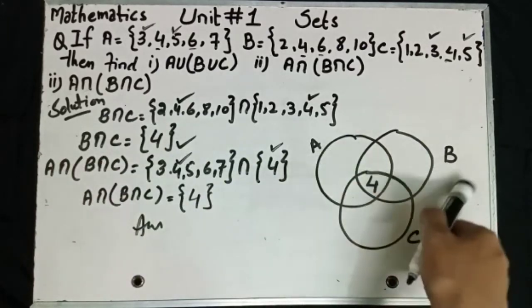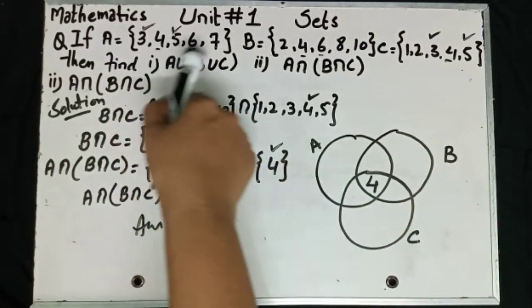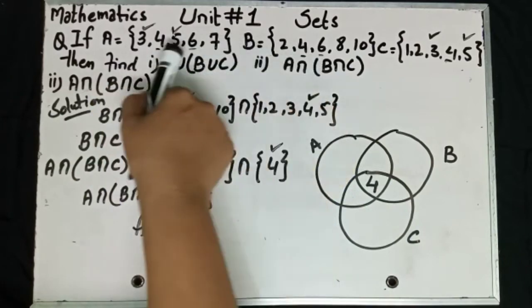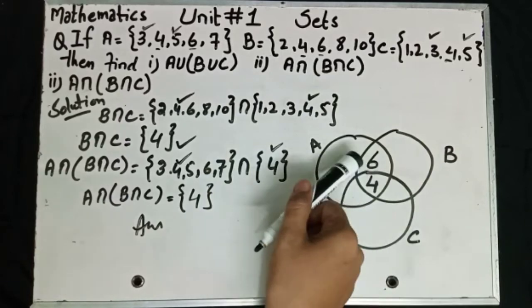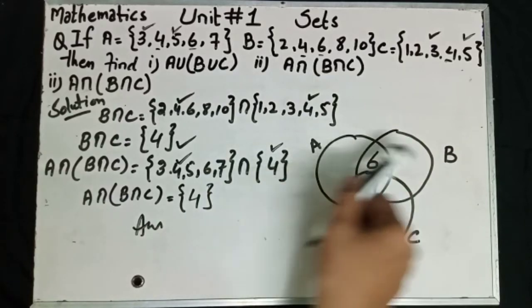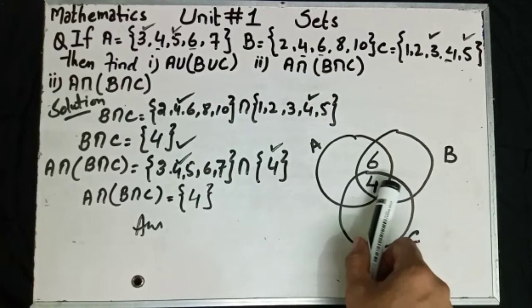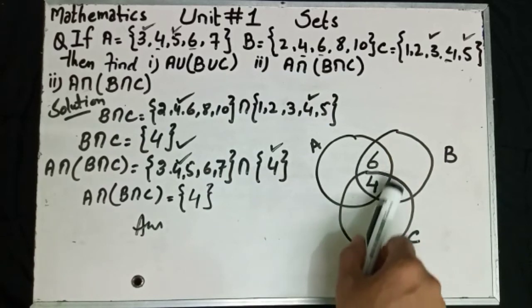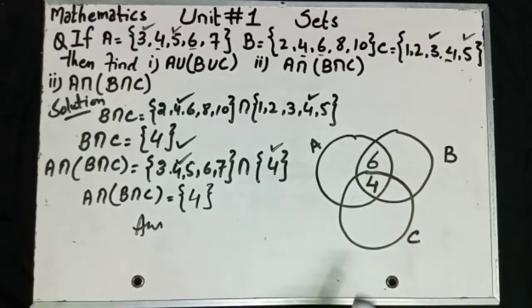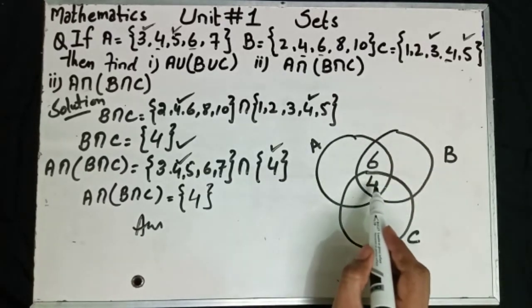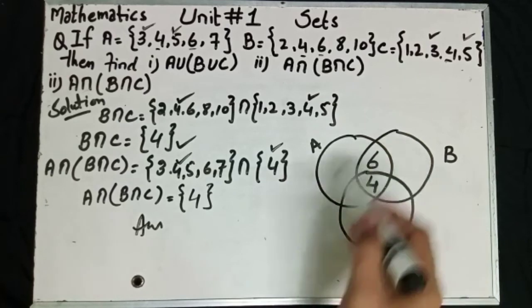Between set A and B, 6 is the common element. The center part shows the common place in all 3 sets, so we write 4 over here, the common element in all 3 sets.